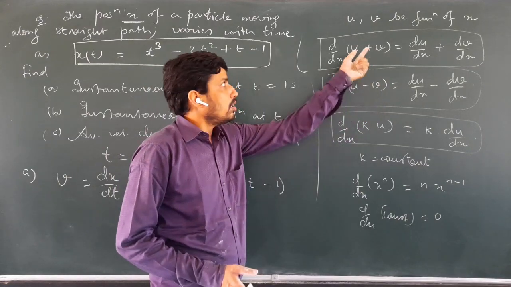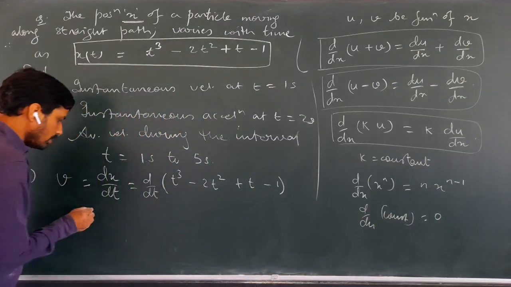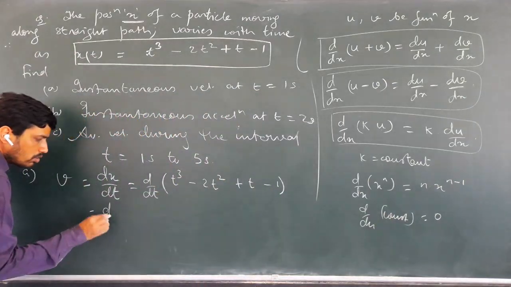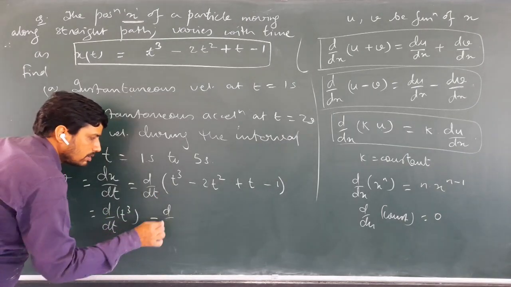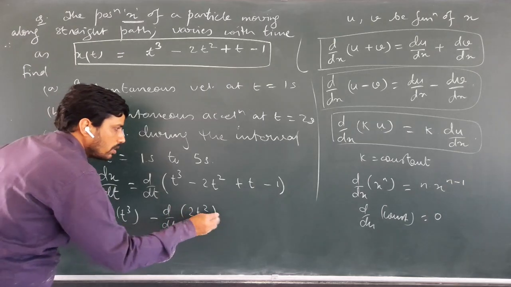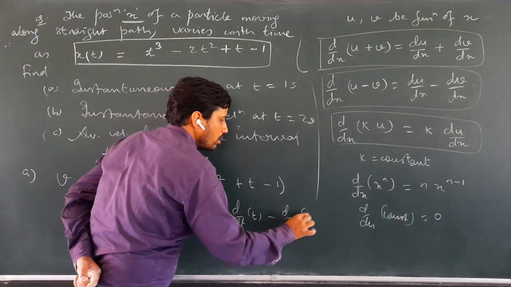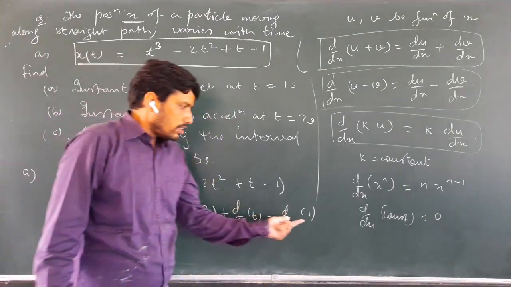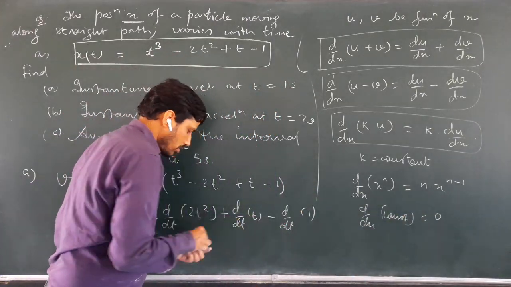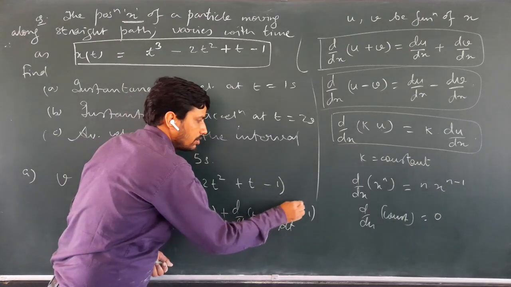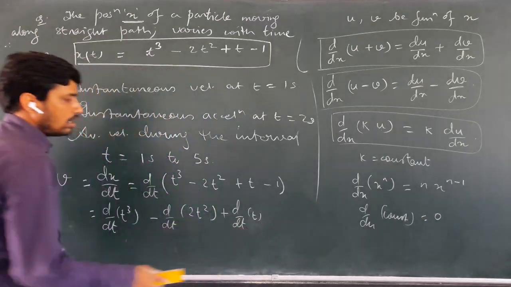So if we have a sum, individually you have to find the derivative, then add. Here there are 4 terms, so d by dt of t cube minus d by dt of 2t square plus d by dt of t minus d by dt of 1. Simplest one, 1 is a constant, derivative of constant is 0, so this becomes 0.